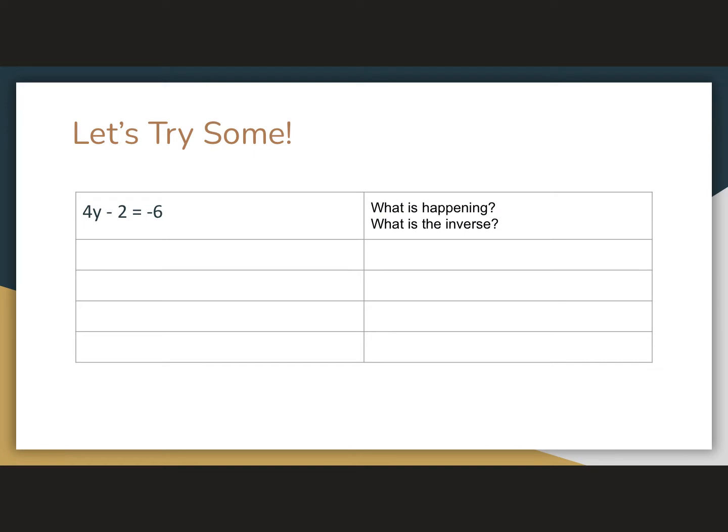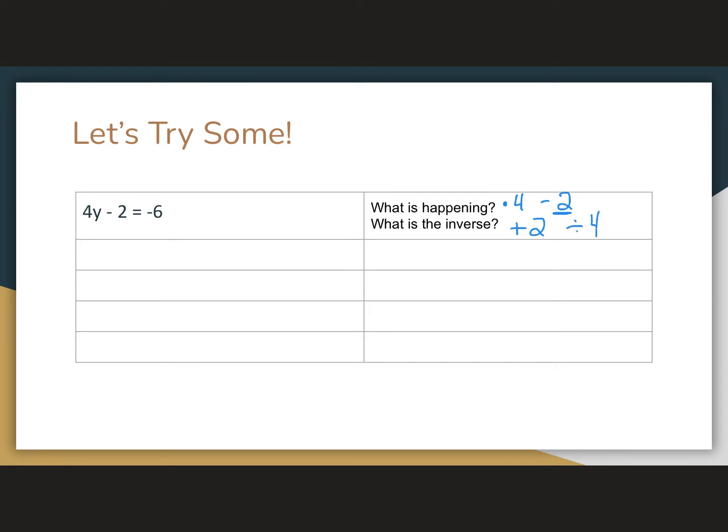So let's try this. We already said that what is happening is that we are multiplying times 4 and then subtracting 2. Now, when we do the opposite, we're going to start with the second thing. The opposite of minus 2 is plus 2. The opposite of times 4 is then dividing by 4.